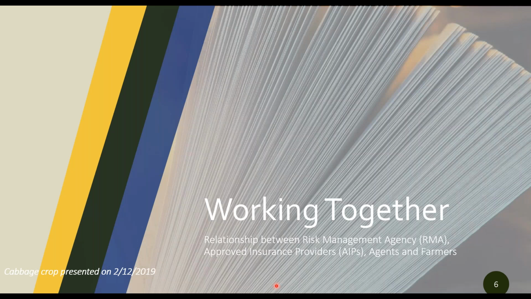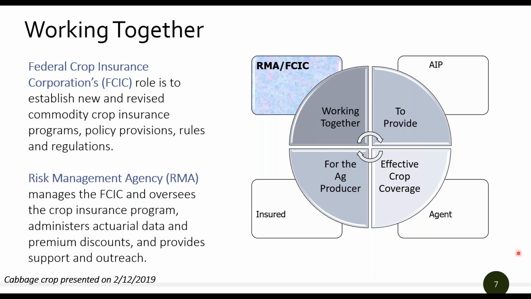Let's consider first the relationships that make up the federal crop insurance program. We're going to discuss the relationship with the Risk Management Agency, the approved insurance providers, agents, and farmers. The federal side is split into the Federal Crop Insurance Corporation, or FCIC, and the Risk Management Agency, also known as RMA, with RMA acting as a manager for FCIC.